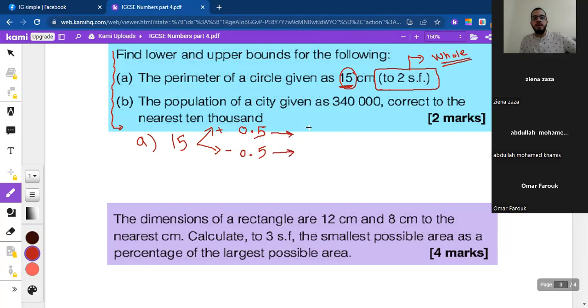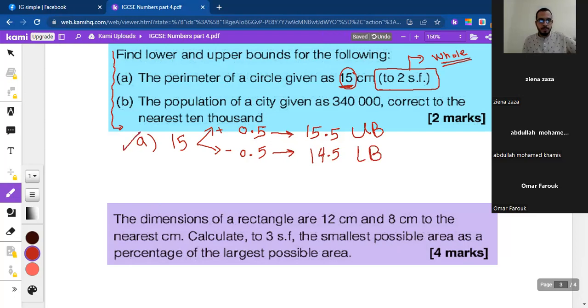So it will be 15.5 and 14.5. 15.5 is upper bound, 14.5 is the lower bound. Thank you, Omar.